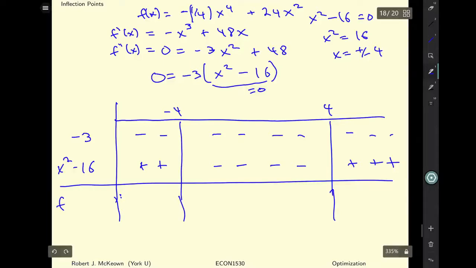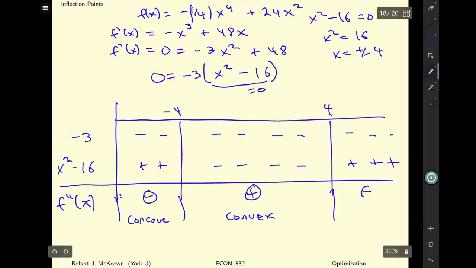And then I want to know the sign of the second derivative, and I get a negative, so it's concave here. It's positive here, so it's convex.